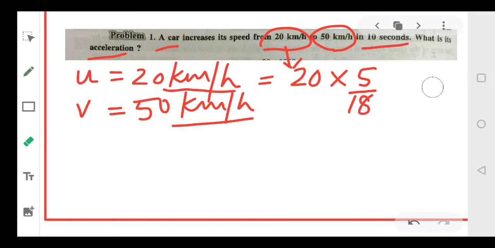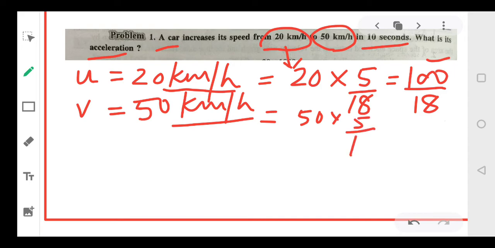Because it is a conversion factor. So now your value is 100 upon 18, and the final velocity is 50 into 5 upon 18, so you will have 250 upon 18. And the time is 10 seconds.